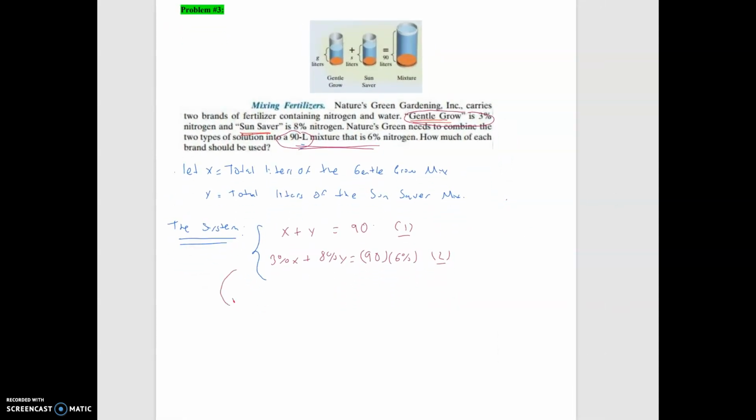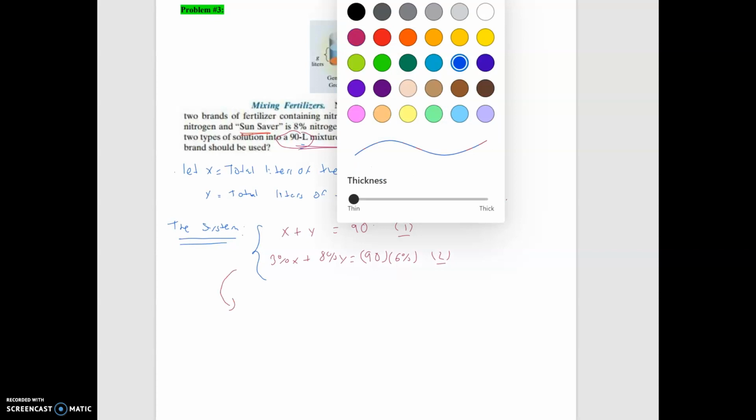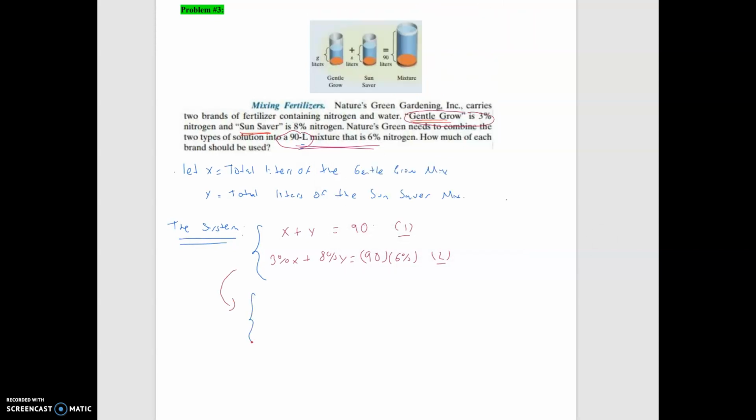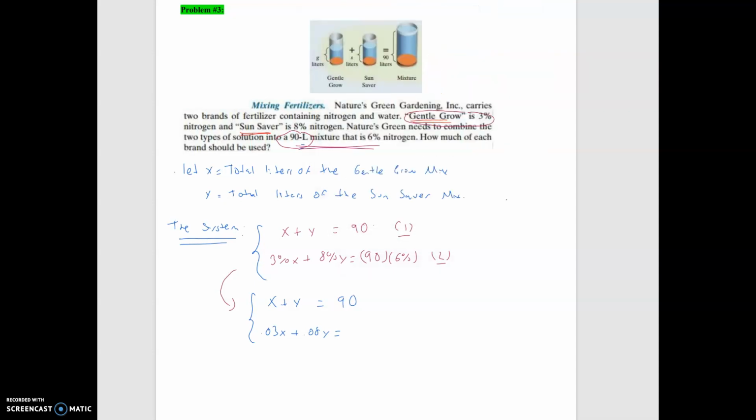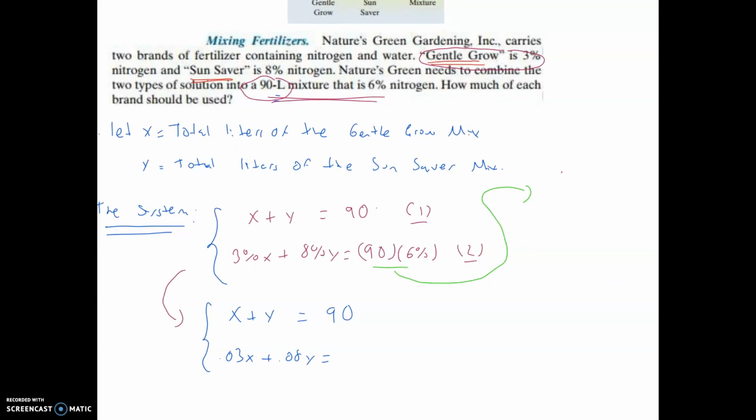Let me rewrite it. We can also express the percentages as decimals. So x plus y is equal to 90. Then 0.03x plus 0.08y is equal to, and let me just multiply this on the side, 90 times 0.06.